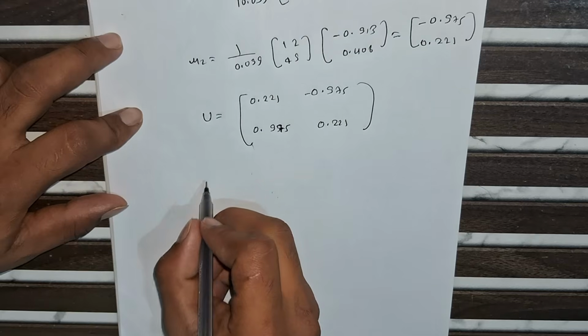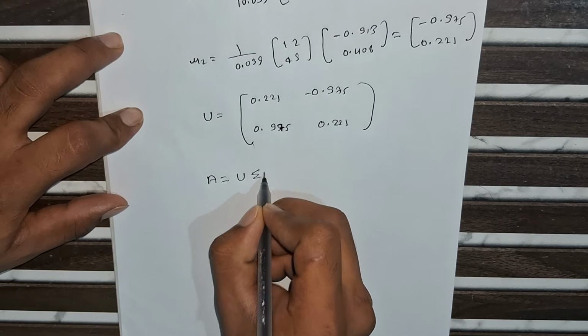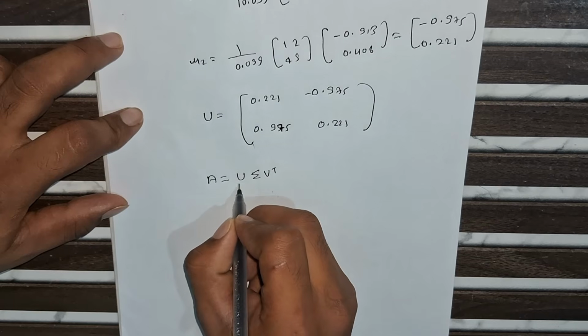So now we check A equals to U summation V transpose. So already we got these values.